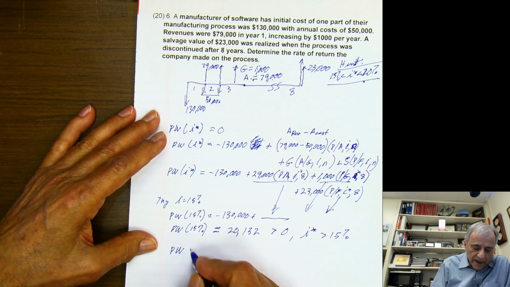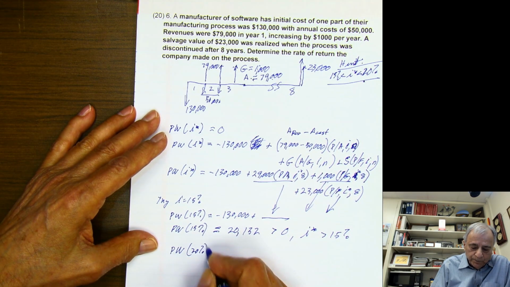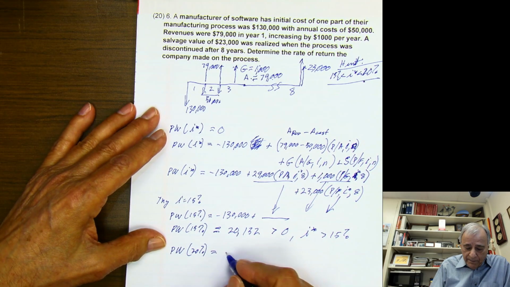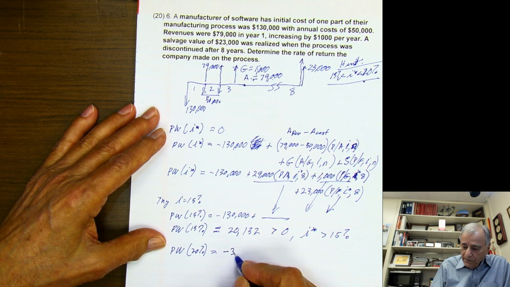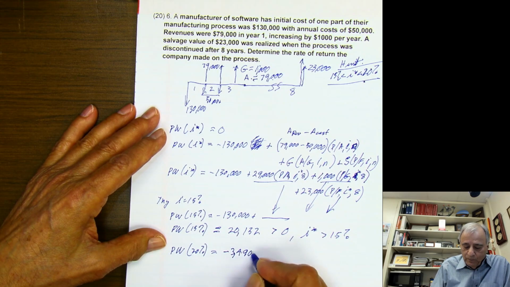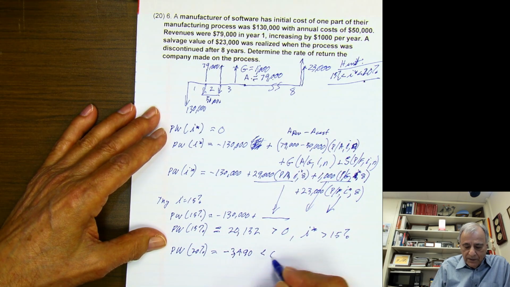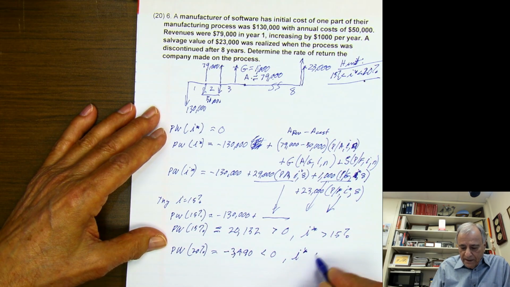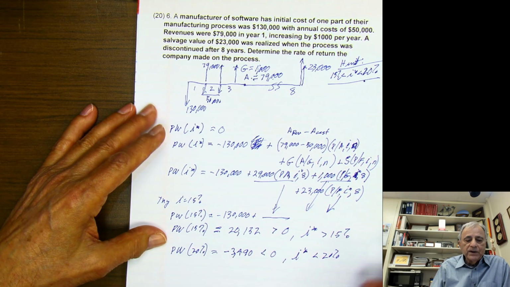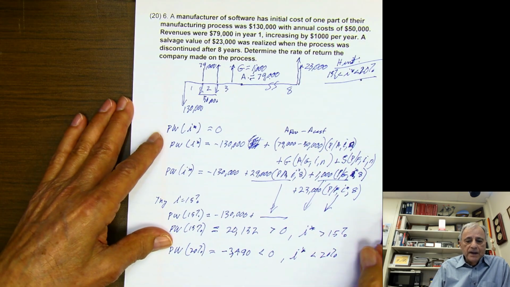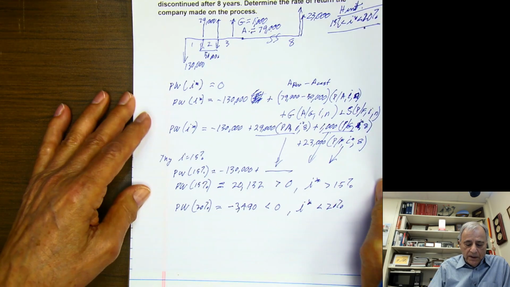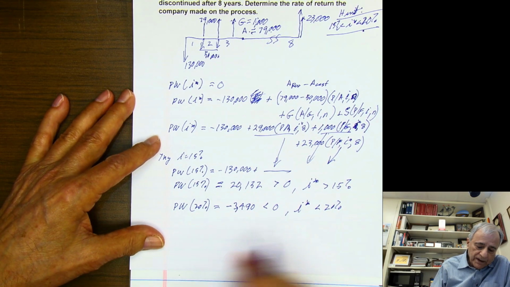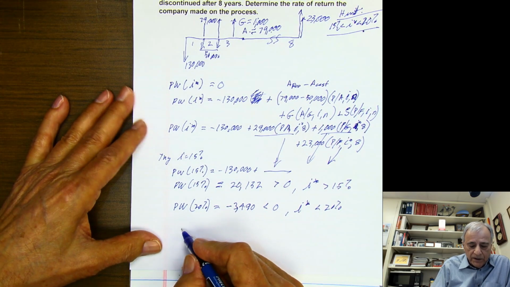Present worth at 20%. And when I do that, I get minus 3,490. That's less than 0, so I star is less than 20%. So it's somewhere between 15 and 20. And the way you work this is it's a ratio and proportion. I think I did this in one of the lecture videos.